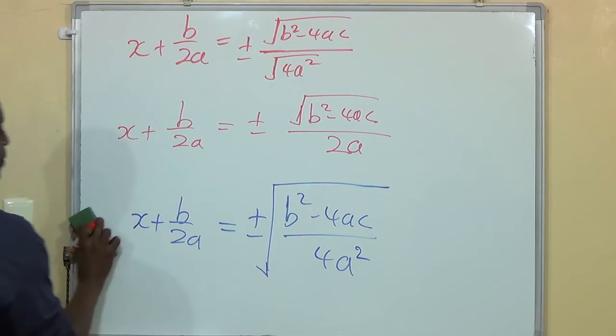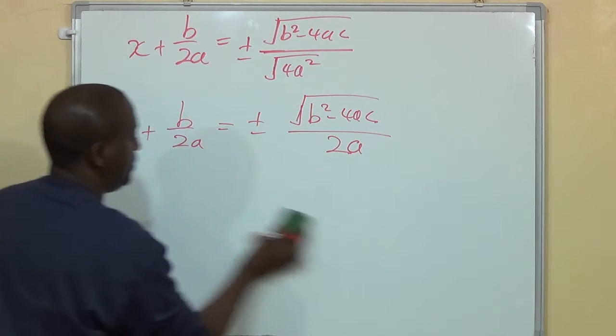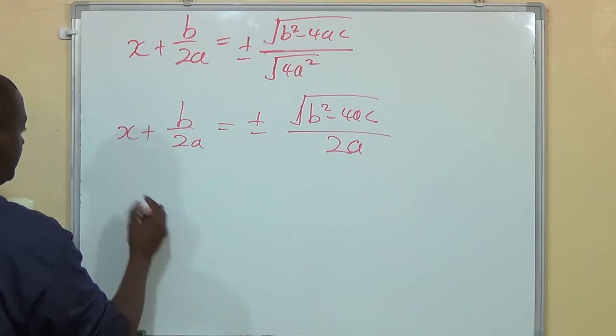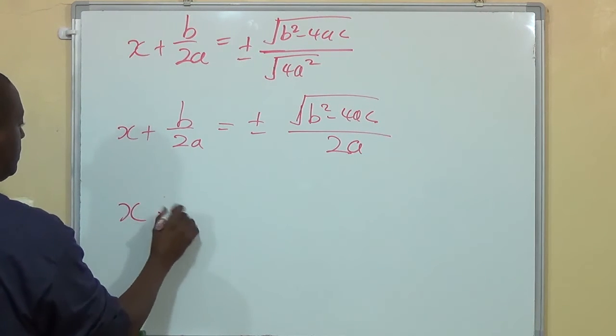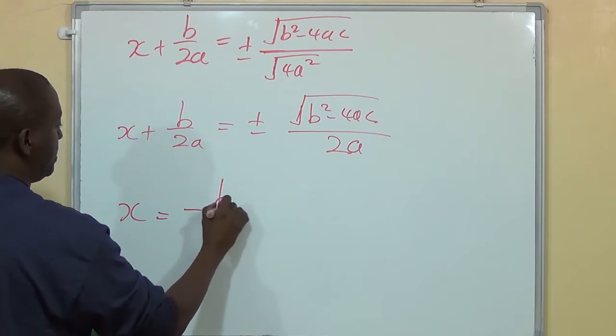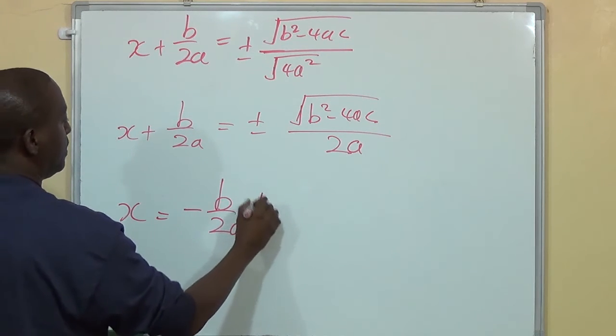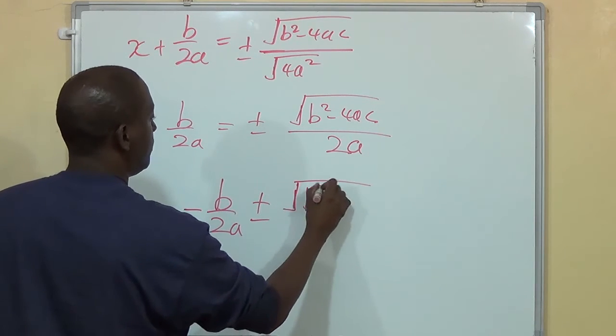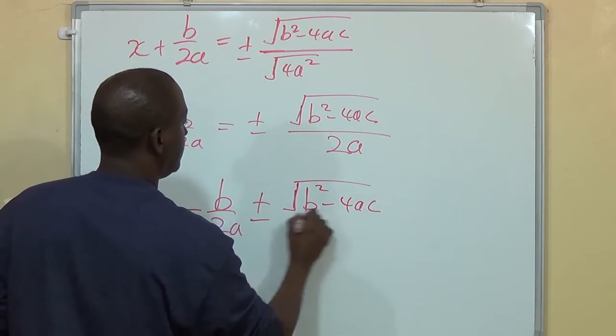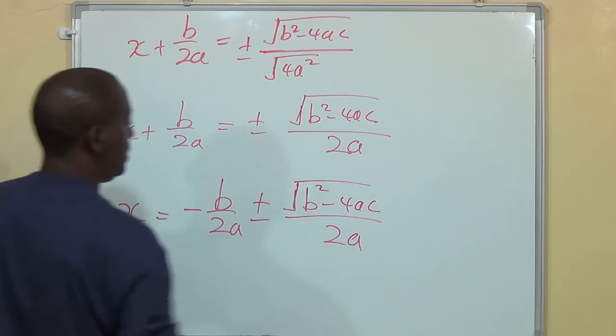So what we will have now is that x on its own is equal to minus b over 2a plus or minus the square root of b squared minus 4ac all over 2a.